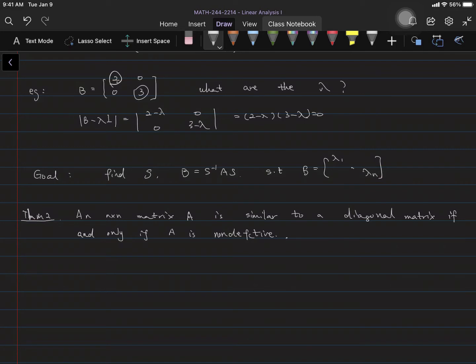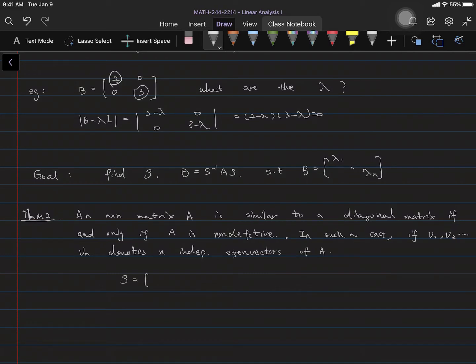Non-defective. Okay. In such a case, if the eigenvectors are v1, v2, ..., vn, because it is non-defective, the matrix should have n independent eigenvectors. Then S equals what?